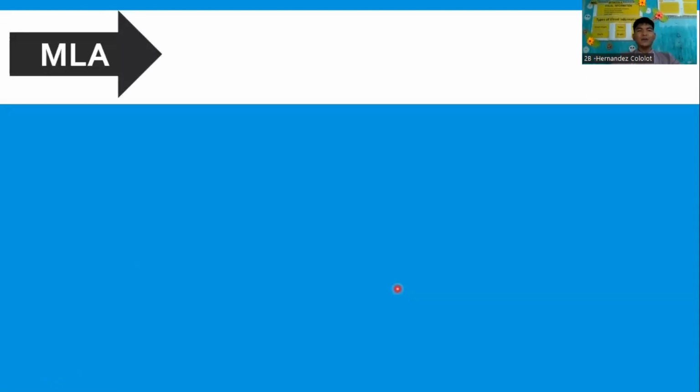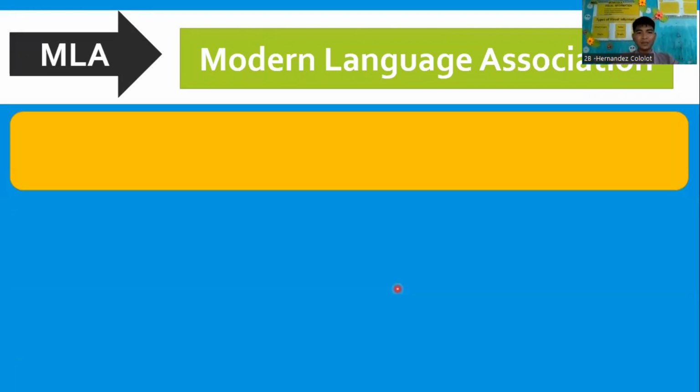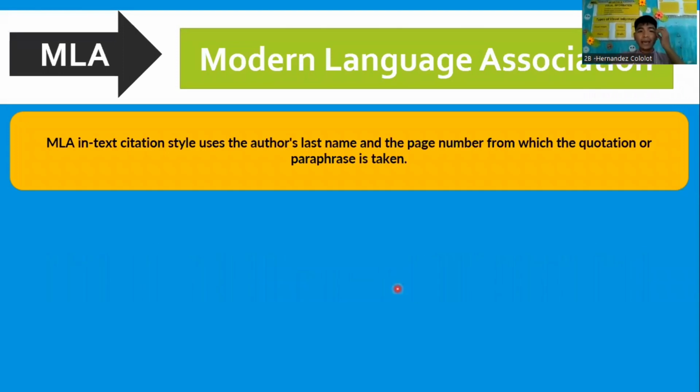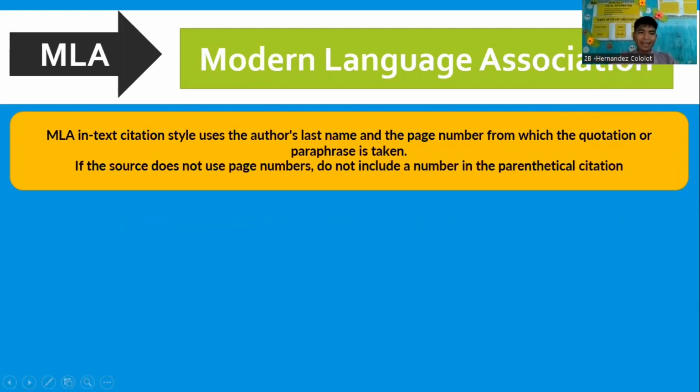Okay, here we are now in the MLA format, or the Modern Language Association. So MLA in in-text citation style uses the author's last name and the page number from which the quotation or paraphrase is taken. Okay, next.